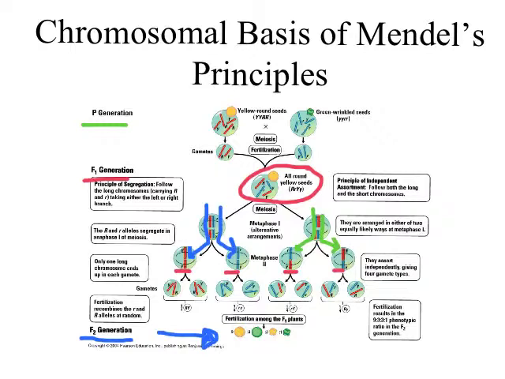And interestingly, it always occurred in this ratio, 9, 3, 3, 1, where 9 of the offspring are round and yellow, 3 are round and green, 3 are yellow and wrinkled, and 1 is purely recessive, green and wrinkled. So this is again a meshing of our understanding of DNA and chromosomes as well as Mendel's principles, and you can see that they can clearly go together.